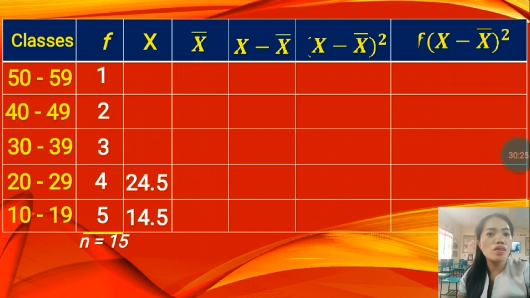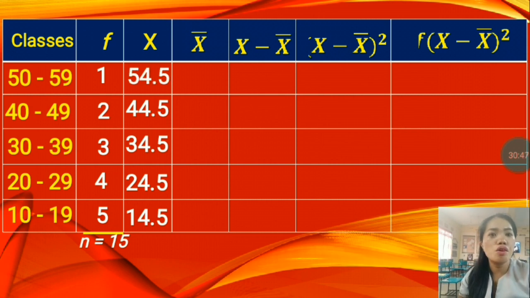Then 20 plus 29 divided by 2, that's 24.5. We have 30 plus 39 divided by 2, that's 34.5. The same procedure for 40 and 49. You just add, then divide by 2, you have 44.5.